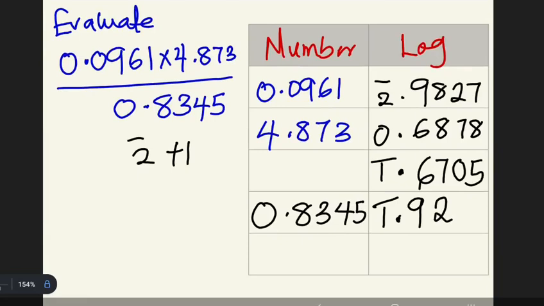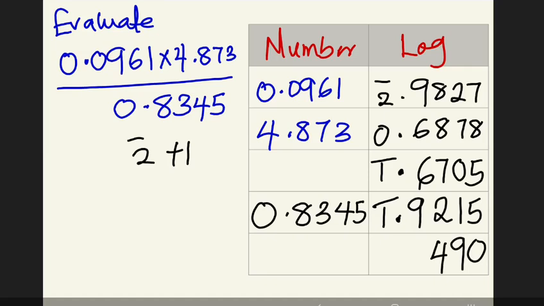Since the 0.8345 is in the denominator part, you are going to subtract because it's a division. So 5 minus 5 gives us 0. 1 minus 0, it is not possible, so you borrow 1 from 7. When you borrow 1 from 7, it will now give you 10. So 10 minus 1 will give you 9. Now it remains 6. So 6 minus 2 gives us 4.